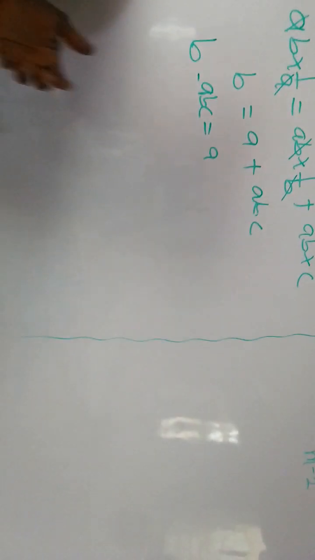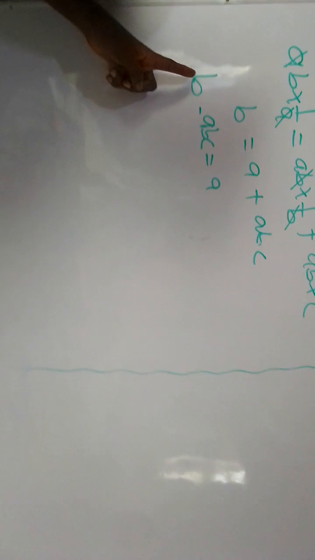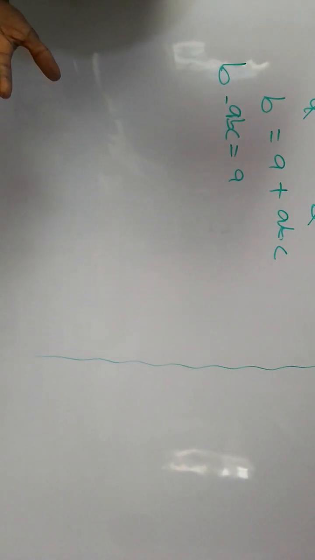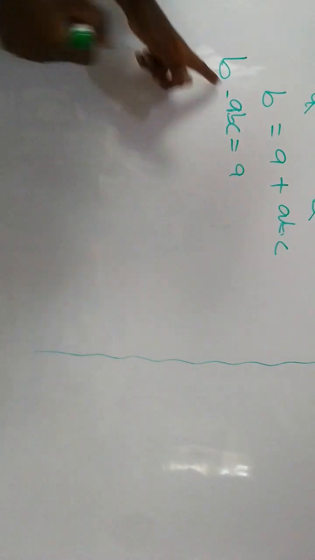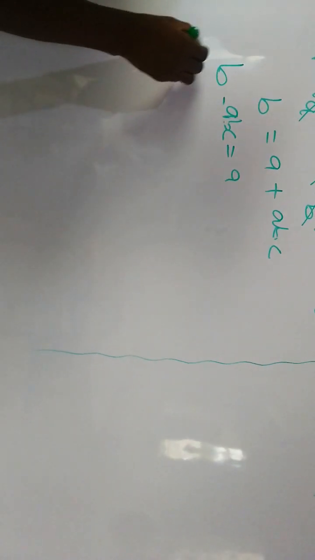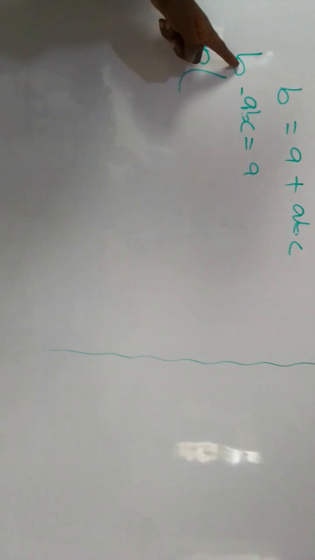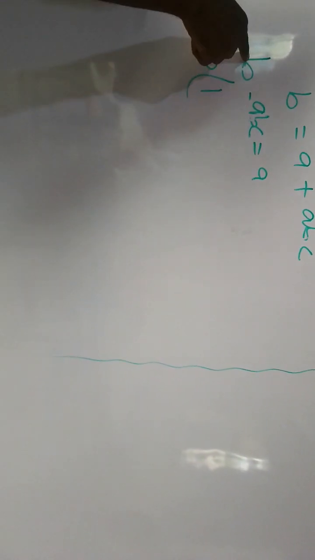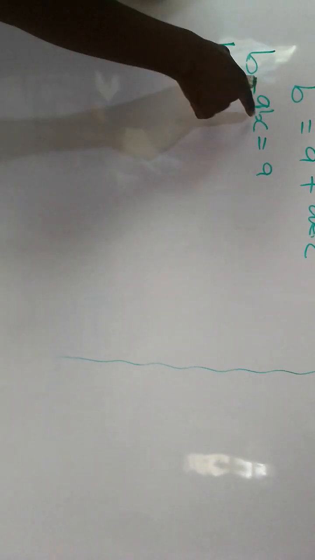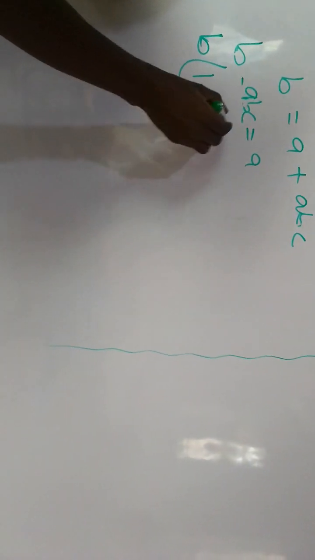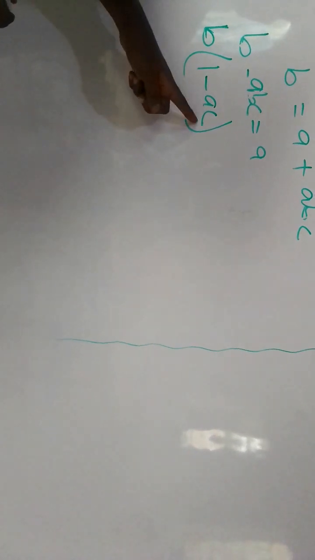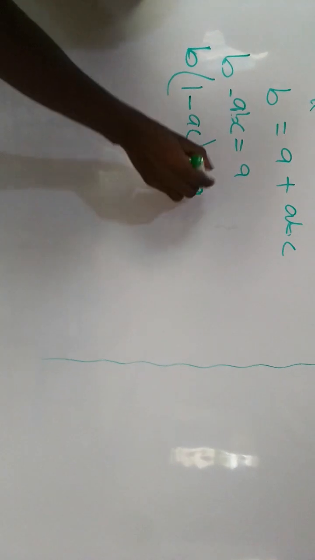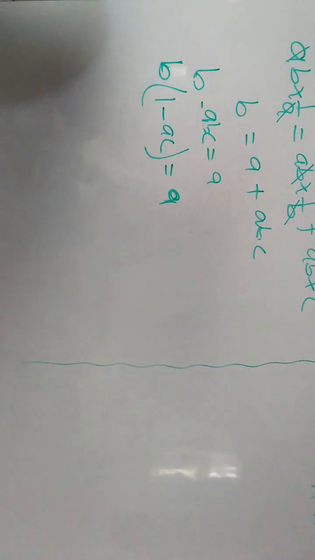Now, the question says make B the subject. We have one here, we have one here. So the next step is to factorize. So take note. So B is common. B will come outside. Into bracket, what remains here? 1. Because B times 1 will give us B, minus AC, because B times AC will give us ABC, equals A. Now, it said we should make B the subject.